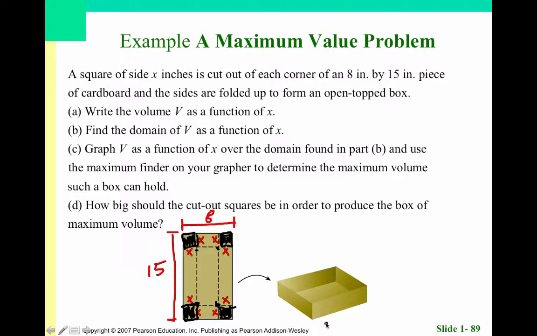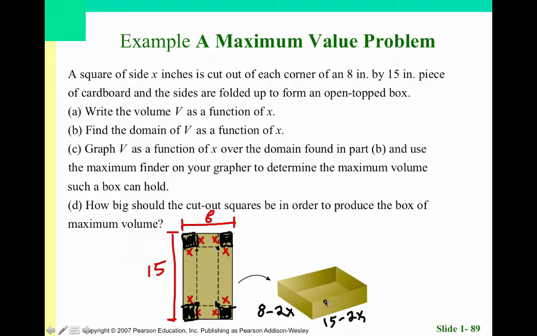So if you look at this long side right here, this is going to be 15 inches, but we removed 2 x's. Front, that's this distance right here. It's going to be 8 inches, but we remove 2 x's.